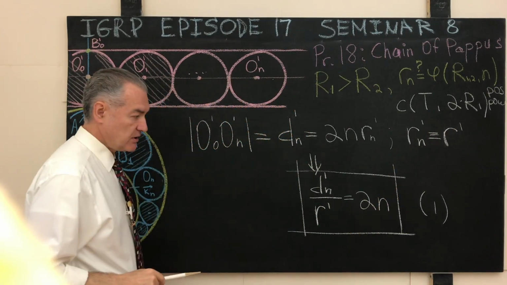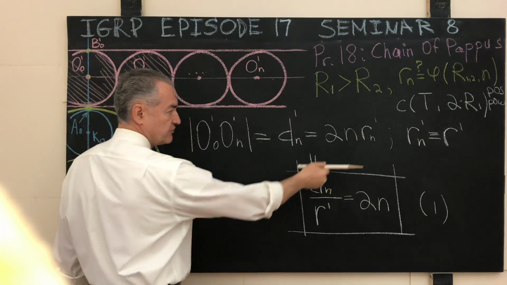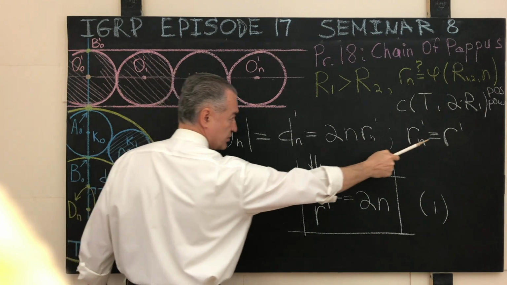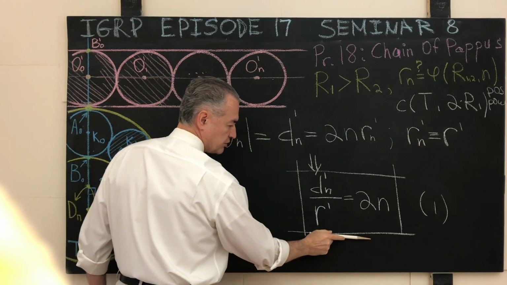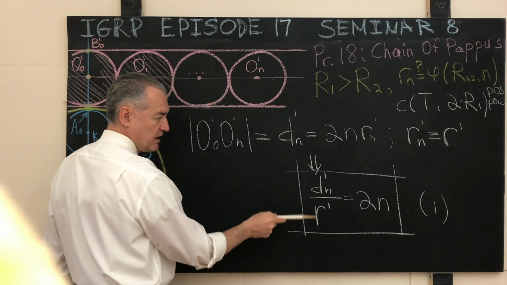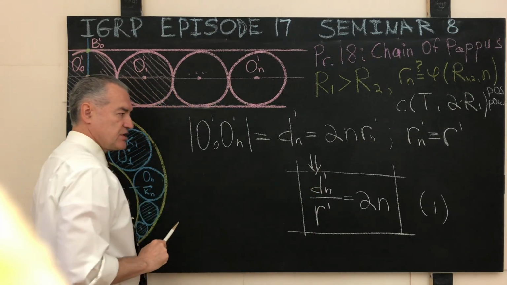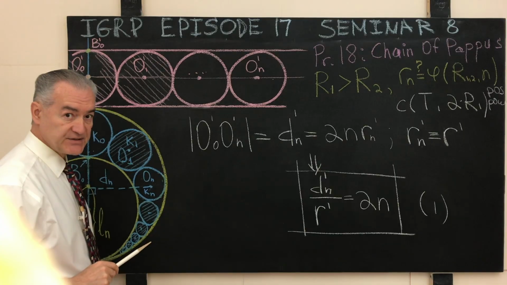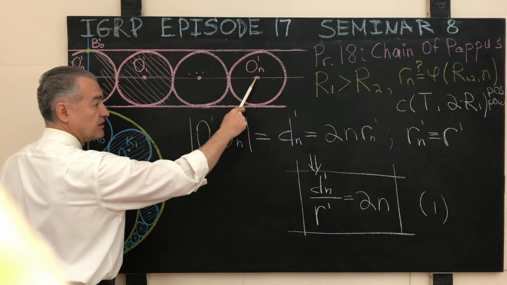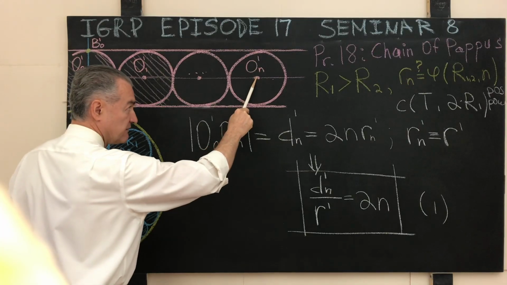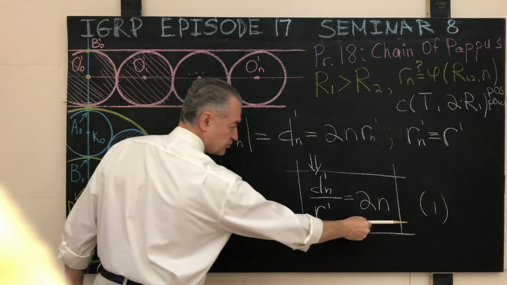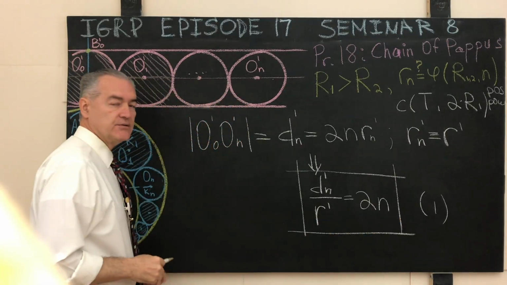To save some writing, if we divide this relation by r prime n, which is r prime over here, we will arrive at the first relation, which is quite elegant. This relation tells us that the distance from the line of centers to the center of the nth inverted circle divided by the radius of all these circles is precisely 2n.